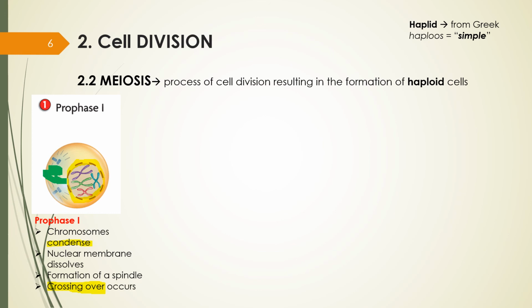So after prophase, what's the next phase? Metaphase. Meta, remember, M stands for middle. So the chromosomes go to the middle, and the spindle helps the chromosomes stay in the middle. Now, what happens? In mitosis, the chromosomes align in just one line.